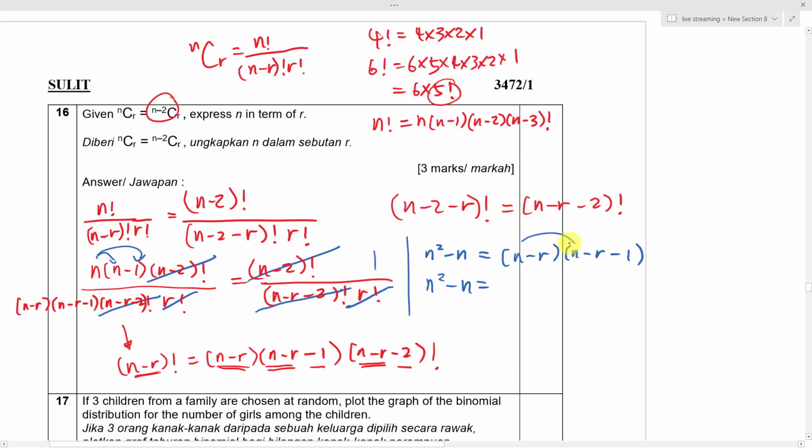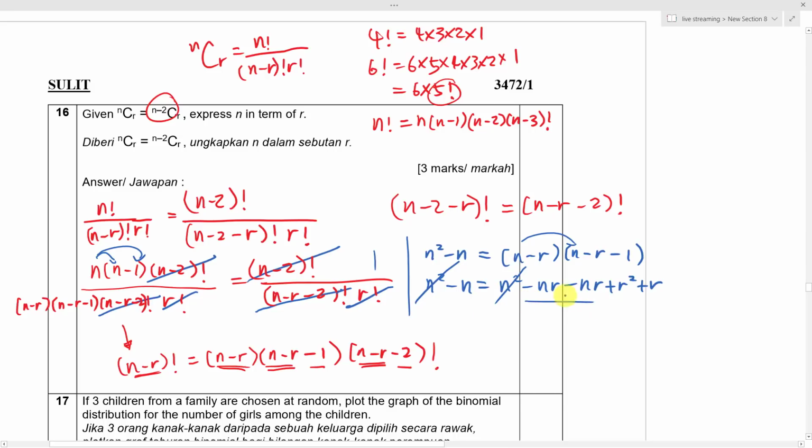Let's continue to do. Alright, I expand it. This is n squared minus nr. Okay. Minus nr plus r squared plus r. Okay, luckily n squared and n squared I can cancel out. Nice.